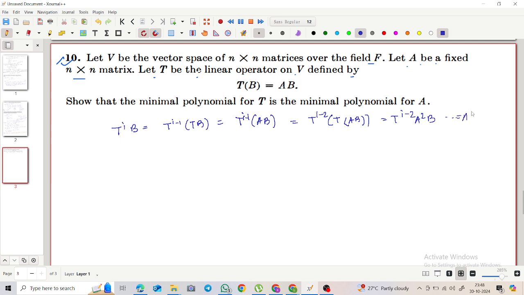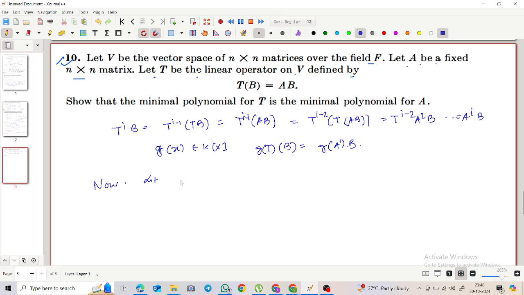We have seen that it is A to the power I into B, right? So if g(x) is any polynomial in F[x], we know that g(T) acting on B is nothing but g(A) acting on B, g(A) into B basically.